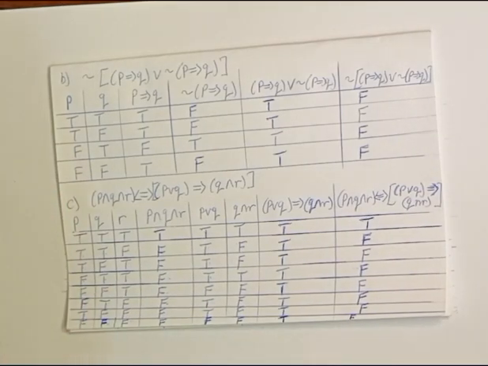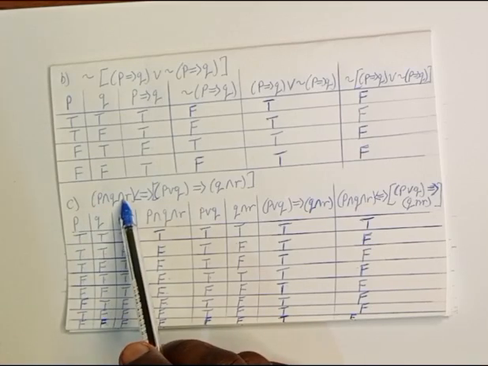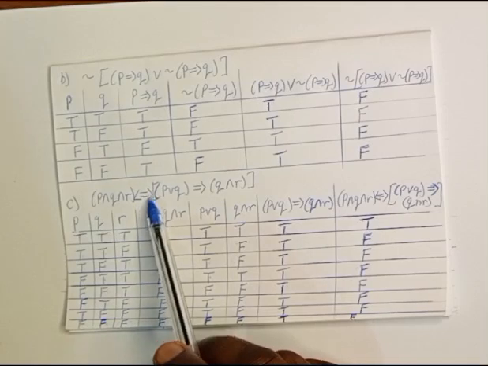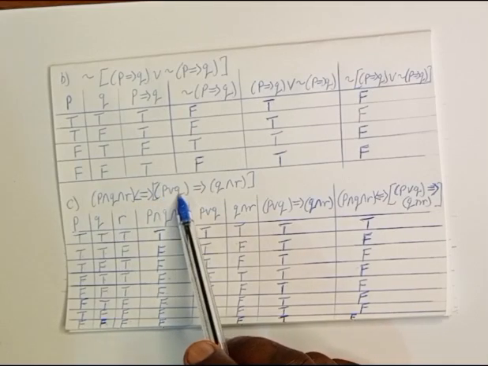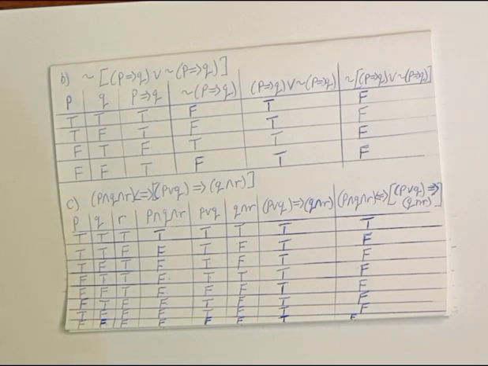We are done with the truth table for C, which is P and Q and R, if and only if P or Q implies Q and R. This is how we draw truth tables for logical statements.